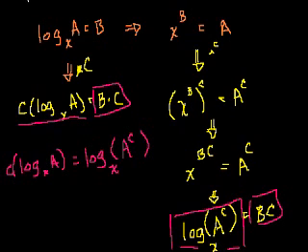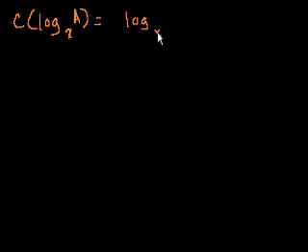So let's review what we know so far about logarithms. We know that c times logarithm base x of a is equal to logarithm base x of a to the c.